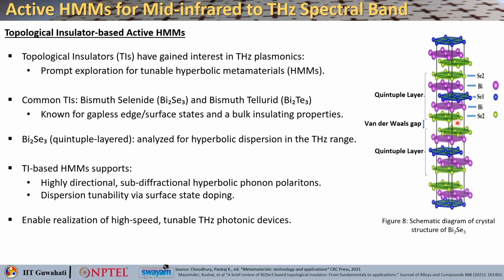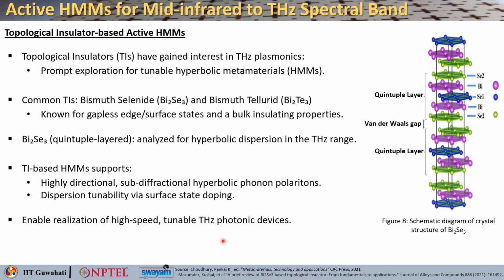Okay. So these quintuple layers are basically the fundamental building blocks of this crystal structure, and they are weakly bonded together by van der Waals attraction. So this is basically repeated, right.